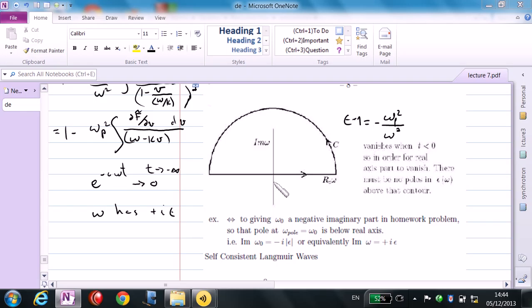I want it to be zero by causality when t is negative. And when t is negative, the upper contour vanishes. So the upper region is the place where I want there to be no pole in epsilon. It sure looks like there's a pole in epsilon when omega is equal to 0.